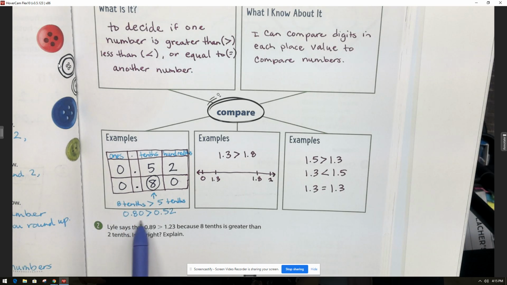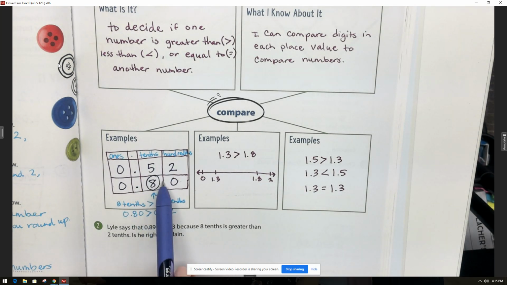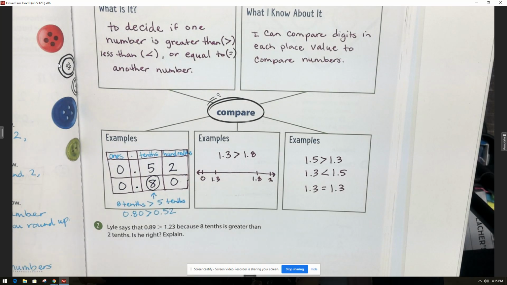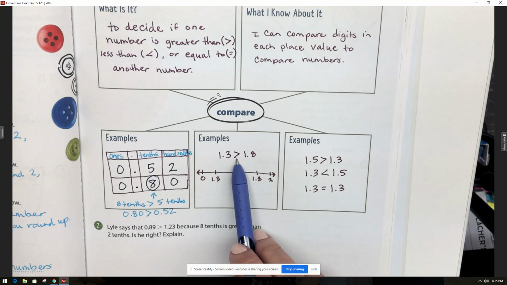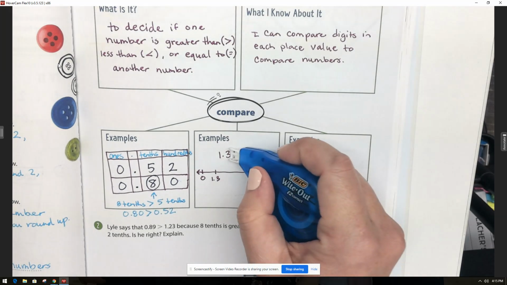So therefore, 80 hundredths is greater than 52 hundredths because 80 is greater than 52, or 8 is greater than 5. We also know that 1 and 3 tenths is, oh, I wrote that backwards. 1 and 3 tenths is definitely less than 2 and 8 tenths.